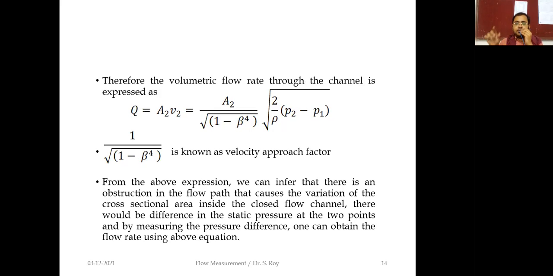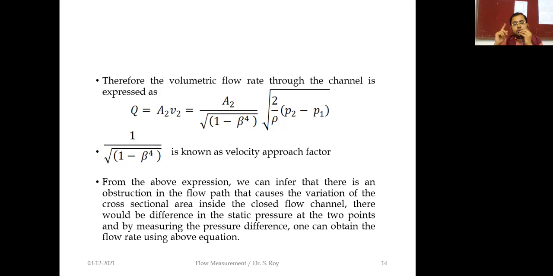So from these expressions, what we can conclude is that if there is any obstruction or restriction in the flow path, then the cross-sectional area is going to change. And if the cross-sectional area changes, then as per the continuity equation, the velocity is going to change. If the velocity changes, then the velocity head is also going to change.